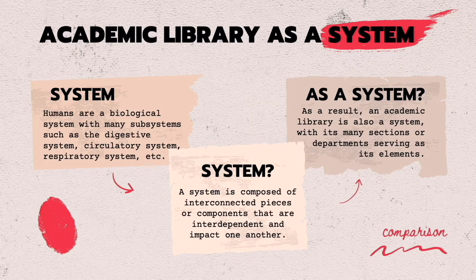A system is composed of interconnected pieces or components that are interdependent and impact one another. The said entities are integrated to serve definite purposes and objectives. As a result, an academic library is also a system with its many sections or departments, serving as its elements.